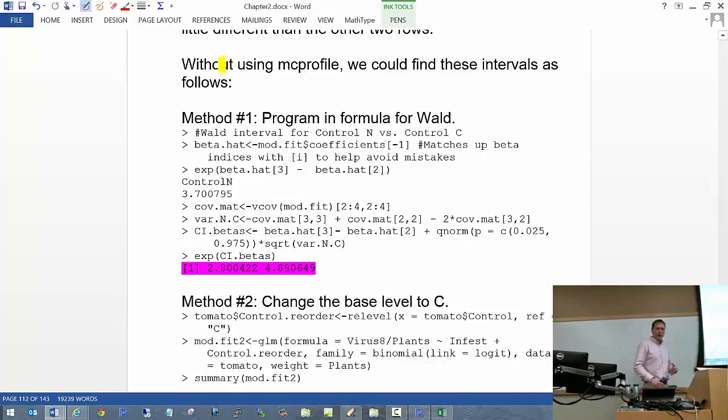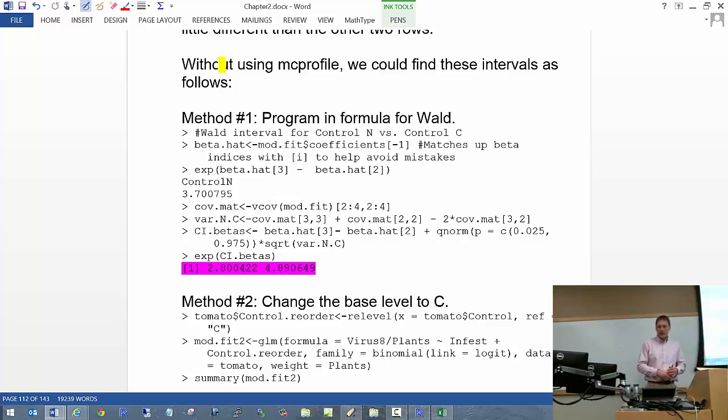Now, you could actually find these Wald intervals without using MC profile. I'll let you take a look at the details on your own. Basically, it's just a matter of plugging in or programming in the formulas that we've seen in the past. In fact, about 5 minutes ago in class, I said, well, let's write out the Wald interval.